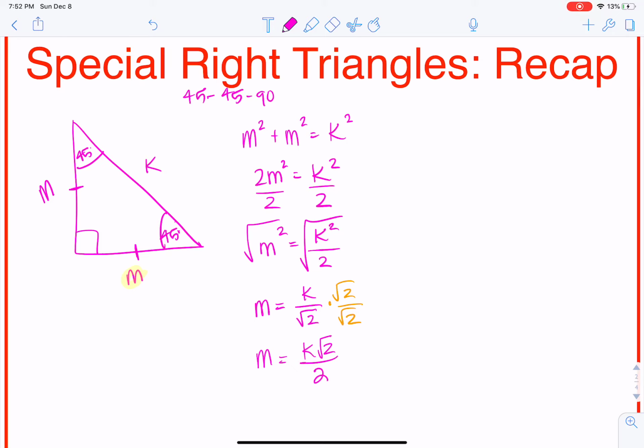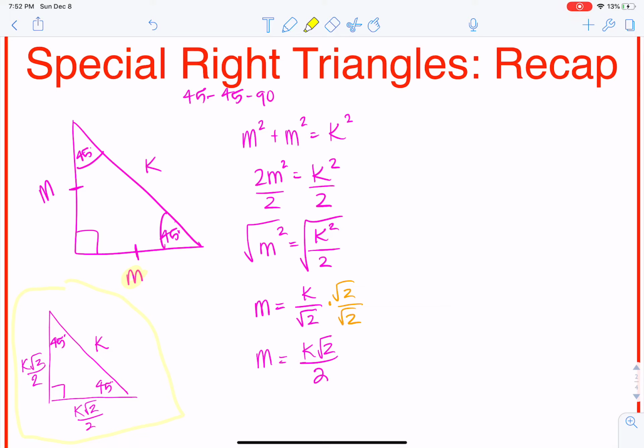So if I wanted to come up with a ratio where all of these side lengths are in terms of one variable in my 45, 45, 90 triangle, this is k square roots of 2 over 2, and this ends up staying as k. So this is really my big idea here for my 45, 45, 90 triangle. We'll keep this in the back of our mind, and we'll do some examples in just a little bit.